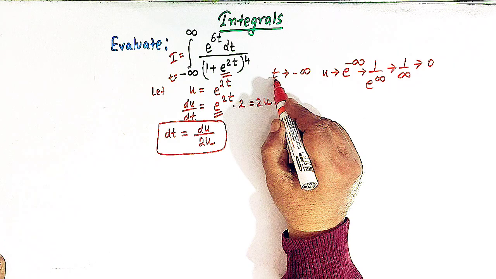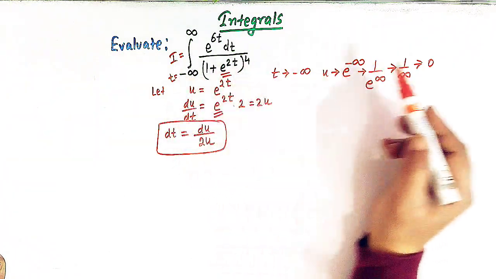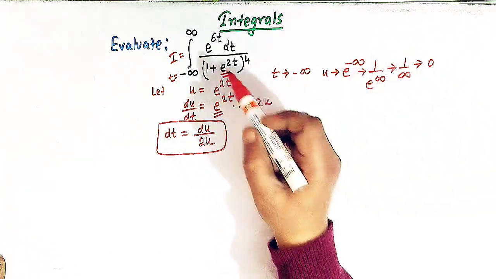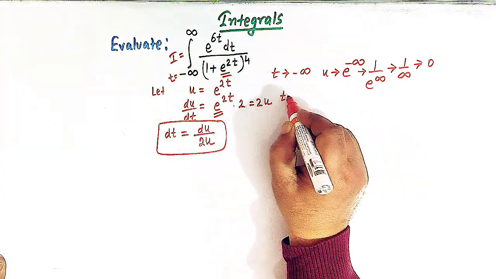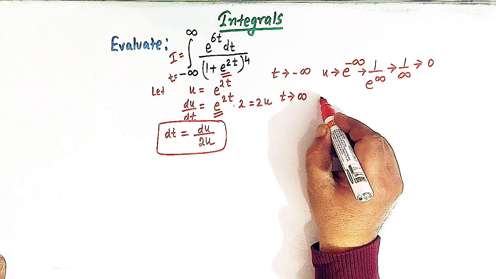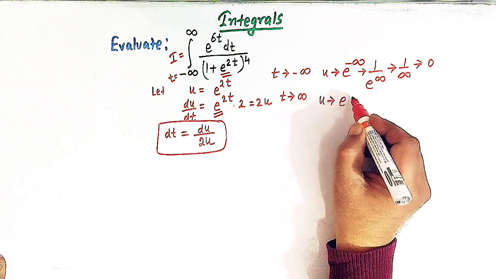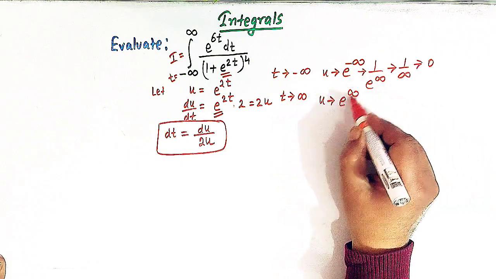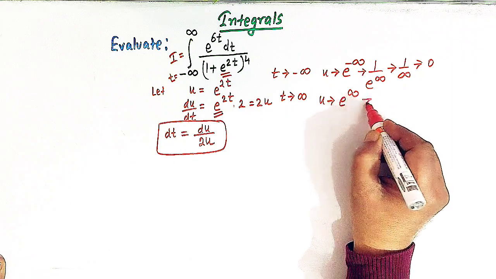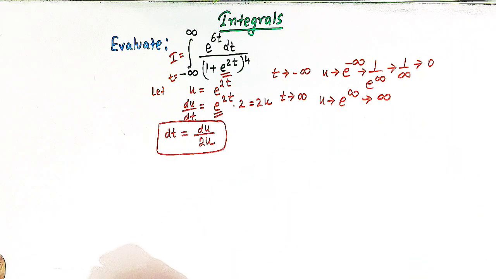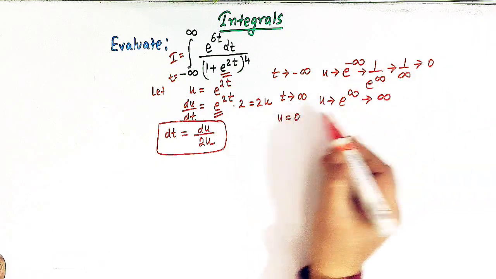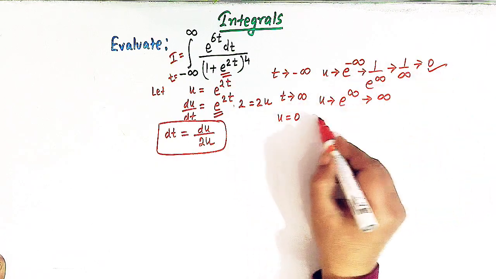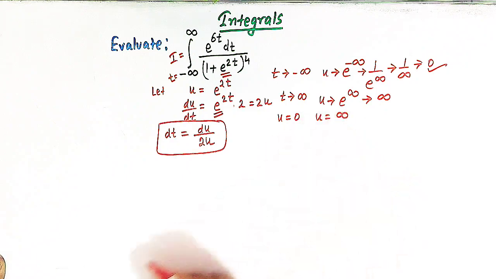Similarly, when t tends to infinity, u tends to e raised to infinity, which tends to infinity. So our limits are now u equal to 0 and u equal to infinity.